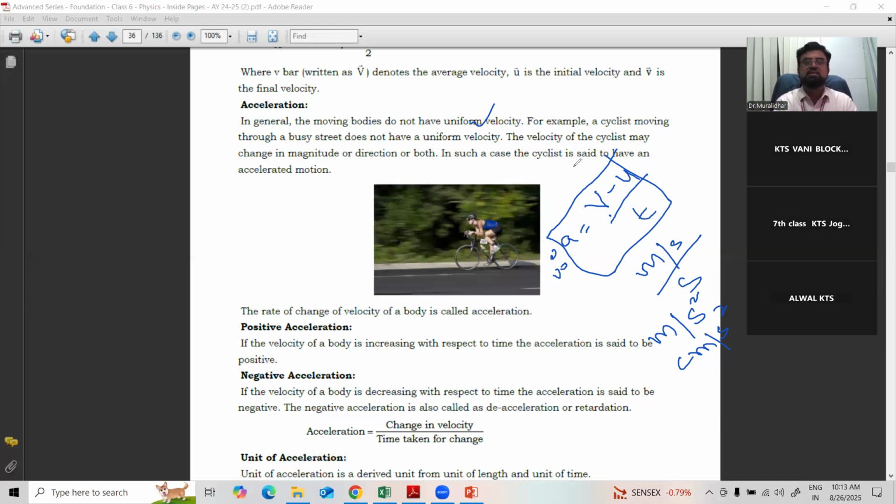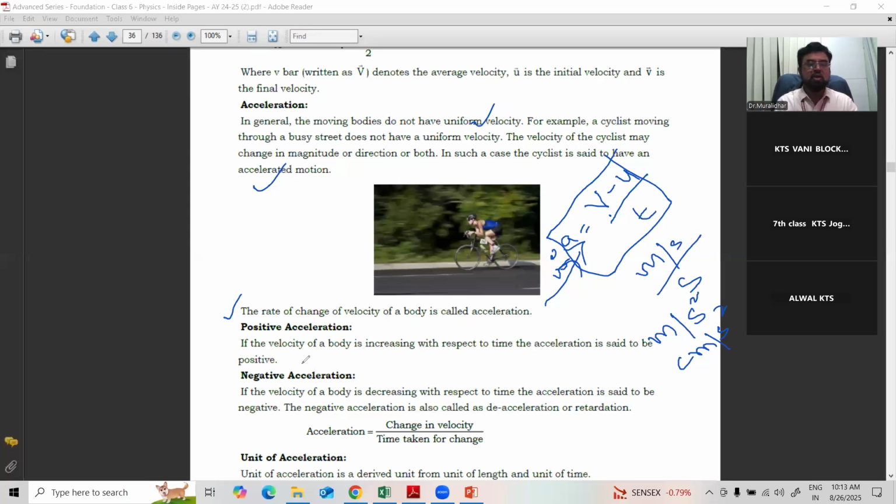In such a case, the cyclist is said to have accelerated motion, right? When there is a change in the velocity from time to time, the rate of change of velocity of a body is called acceleration. So mathematically also, it is V minus U by T.